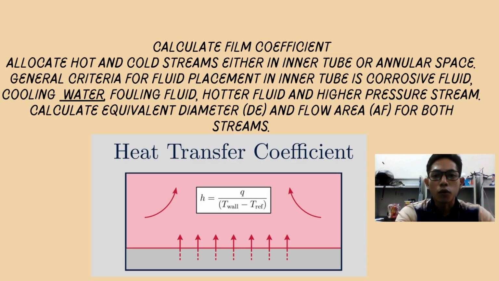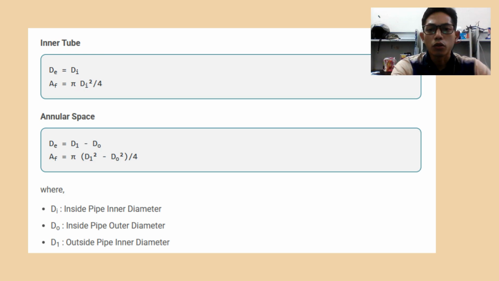General criteria for fluid placement in the inner tube are corrosive fluids, cooling water, water fluid, and higher pressure streams. Calculate equivalent diameter and flow area for both streams. The equation for inner tube and annular space, where Di is the inside pipe inner diameter, Do is the inside pipe outer diameter, and D1 is the outside pipe inner diameter.